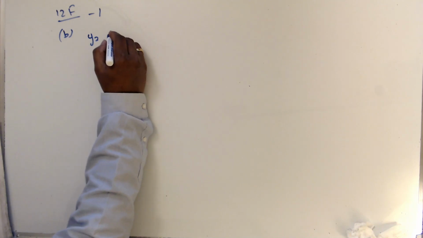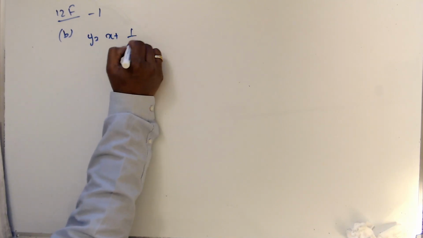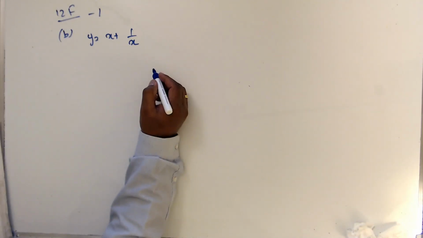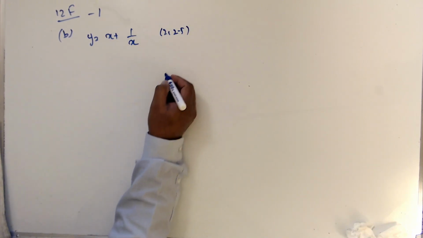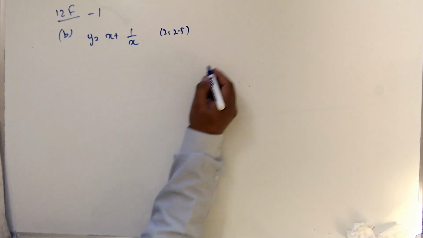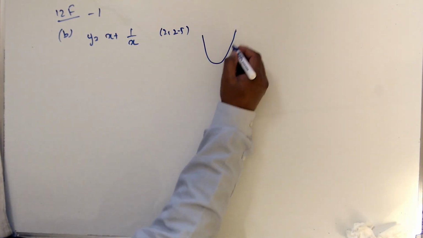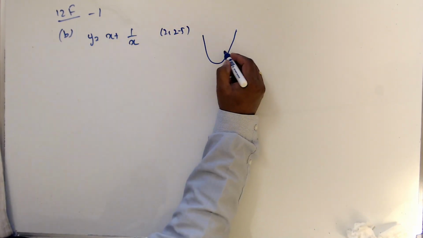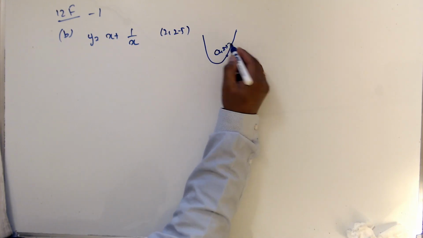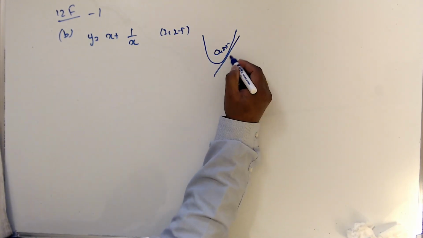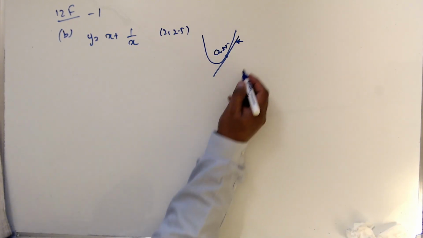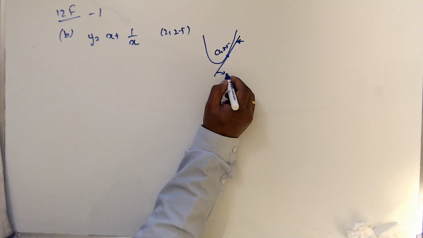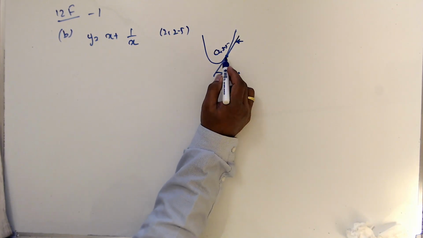Next, y equals x plus 1 over x at the point (2, 2.5). We want to find the tangent. So we have a curve, and at this point (2, 2.5) we need to find the equation of the tangent. If I know the gradient, I can write it because I know a point.